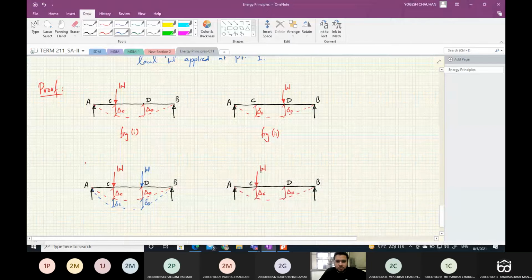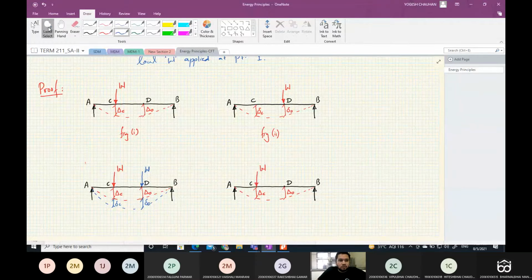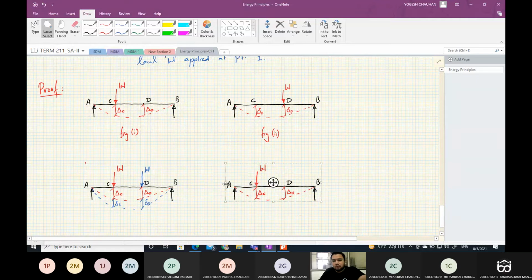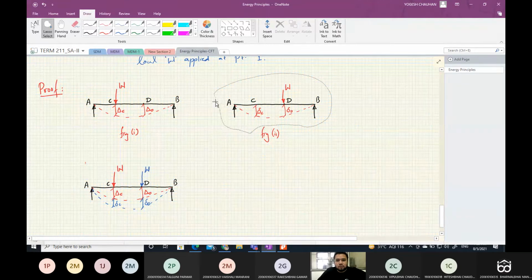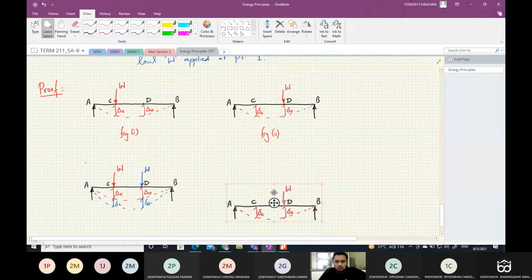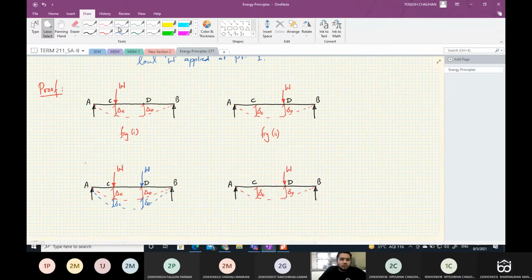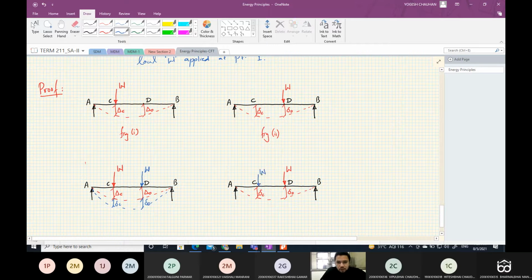Similarly, in figure 2, let us consider one more force W acting at point C. So this will undergo further deflection.